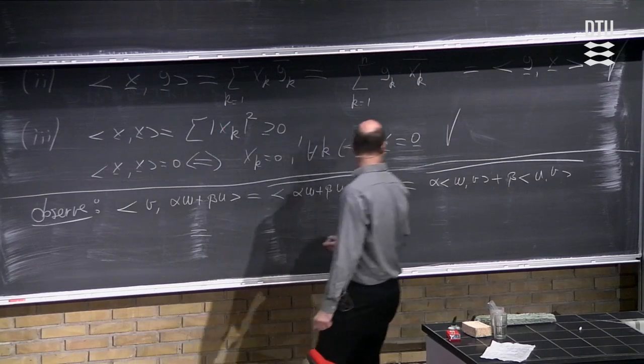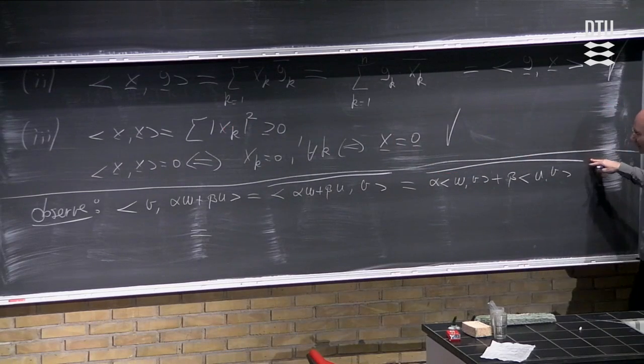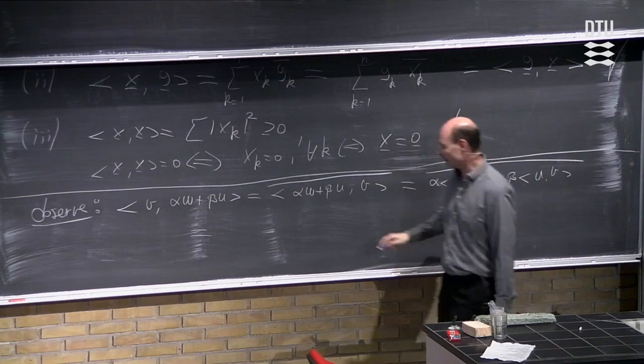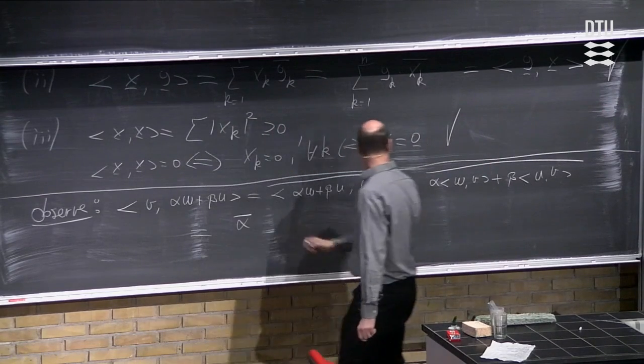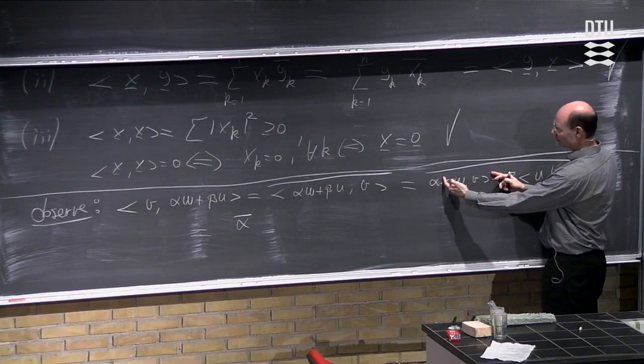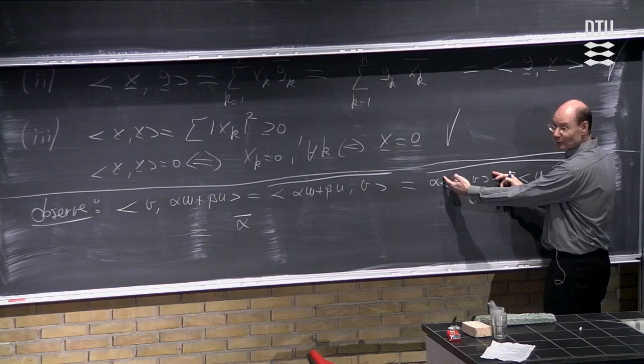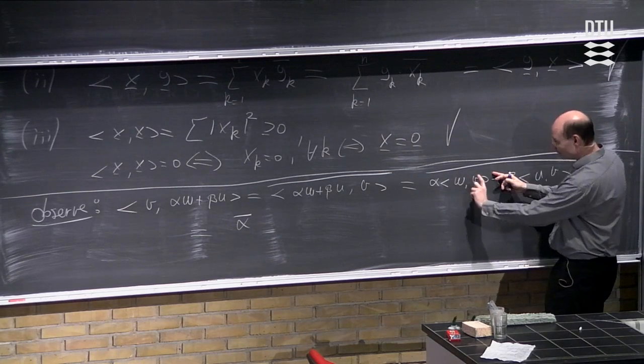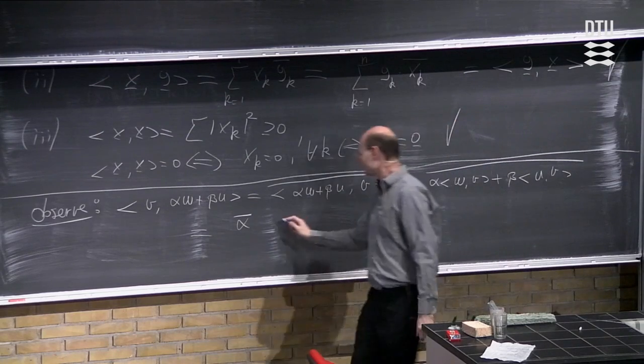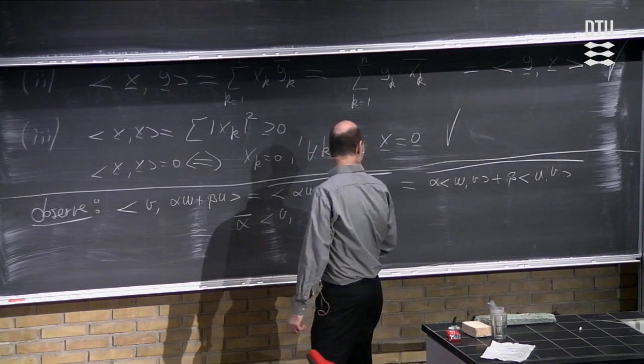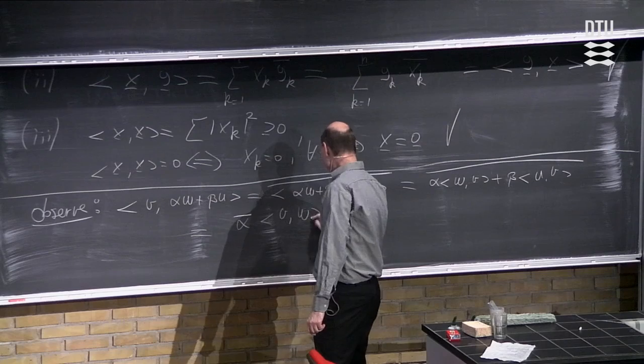So what comes out is that the complex conjugation on everything will go down to be a complex conjugation on the alpha, and then we have a complex conjugation on WV, but then we can just remove that complex conjugate again by swapping the order again. So then we get V and we get W.